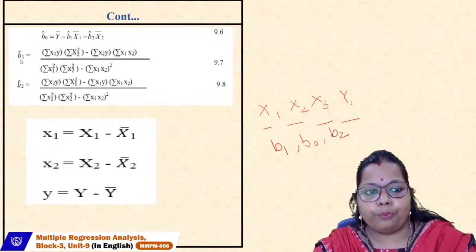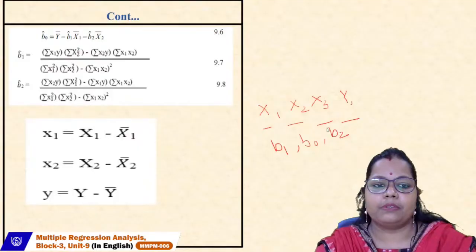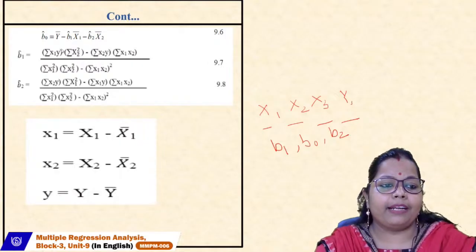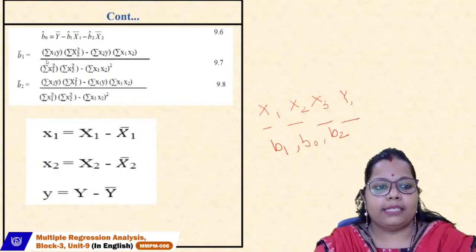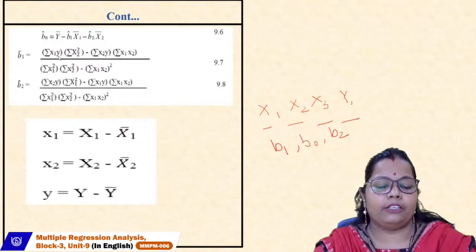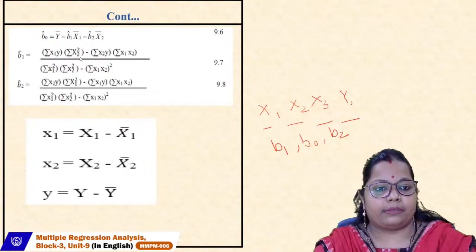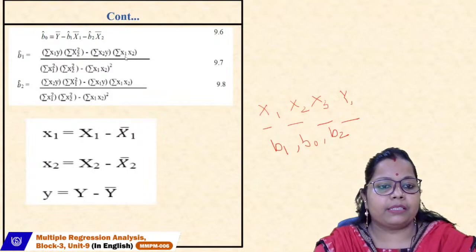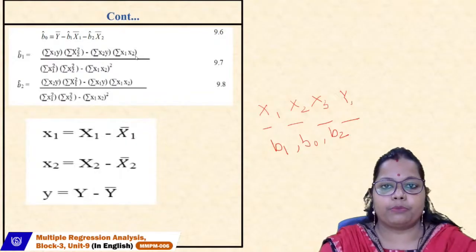So let us see how b1 is defined in terms of the independent and dependent variables. In 9.7, we have defined the formula for b1 hat. The numerator contains summation x1 y, which is multiplied with summation x2 square, minus summation x2 y, which is multiplied with summation x1 x2.